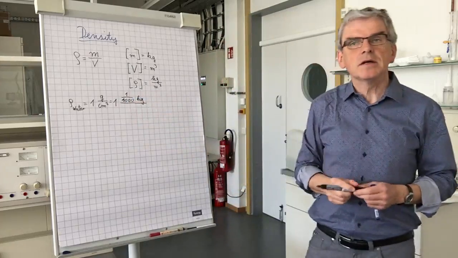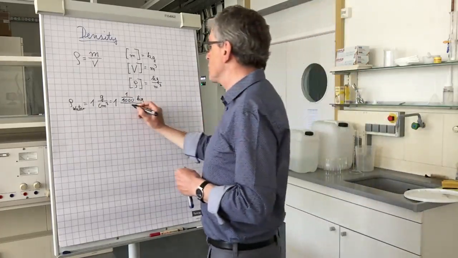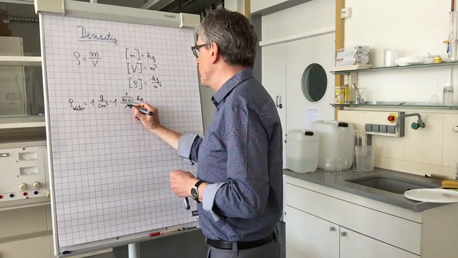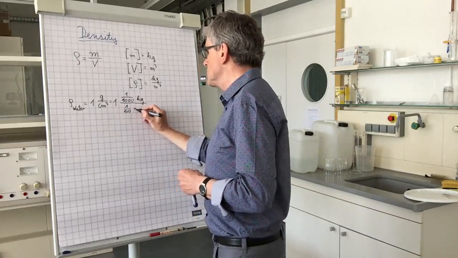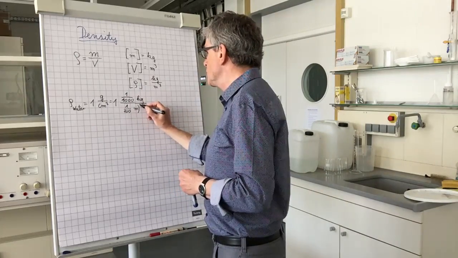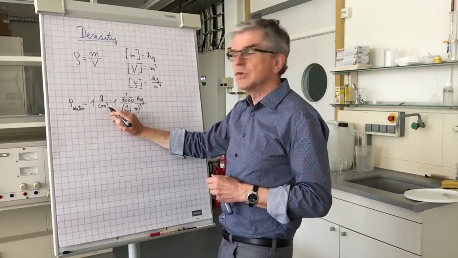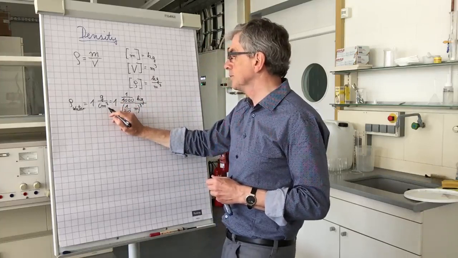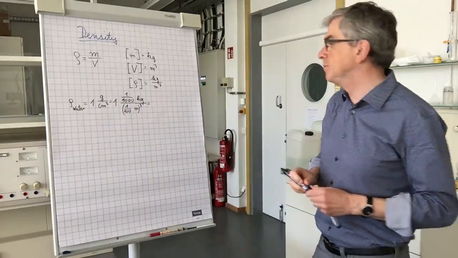And the centimeter is 1/100th of a meter. So therefore, we have here to write 1/100th of a meter to the cube, because here we have also the centimeter to the cube. So now we have just to do some algebra.